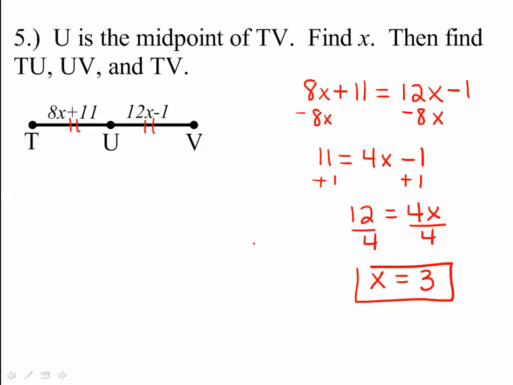Now we need to find TU, UV, and TV. We know that TU is 8 times x, or 8 times 3, plus 11. So TU is 24 plus 11, which is 35.